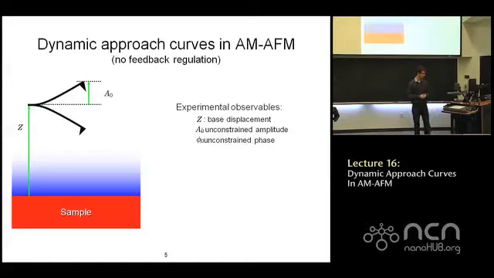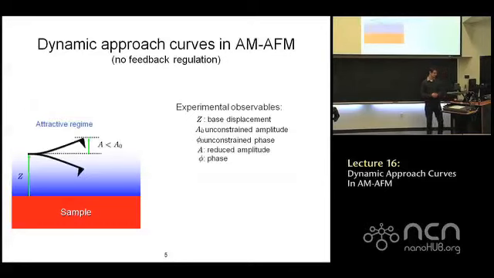The experimental observables, which are very important, are basically the base displacement Z, although we don't know the datum of Z, but it's not important. The unconstrained amplitude A0, and what we call the unconstrained phase, if you will, but that should be 90 degrees.